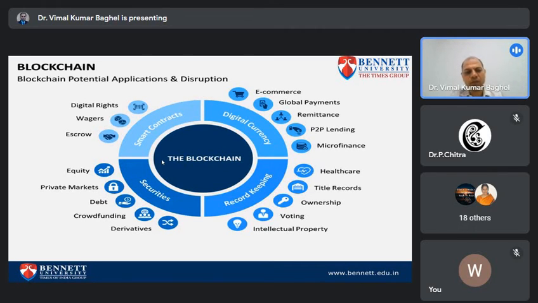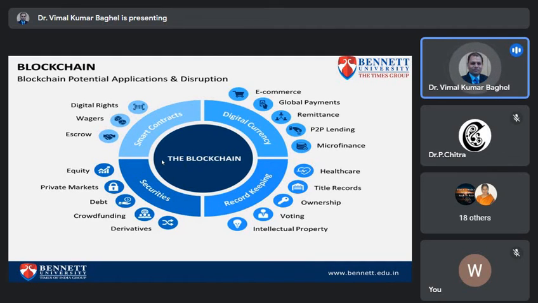There are two types of tokens inside the blockchain: fungible tokens and non-fungible tokens. Non-fungible tokens are those which cannot be exchanged by anything, while fungible tokens can be exchanged with anything else. Non-fungible tokens are the copyright of a person.